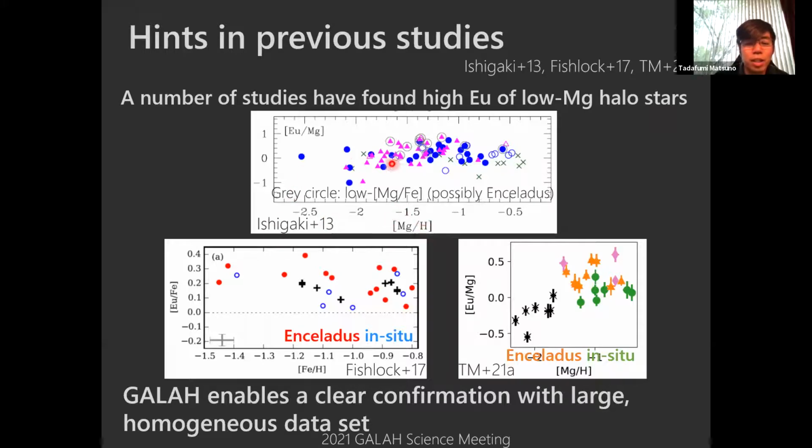For example, Ishigaki et al. 2013 indicated that stars with low magnesium over iron ratio seem to have a high europium over magnesium abundance ratio. What GALAH provides is a clear confirmation of this kind of trend with a large, homogeneous, and well-characterized data set.